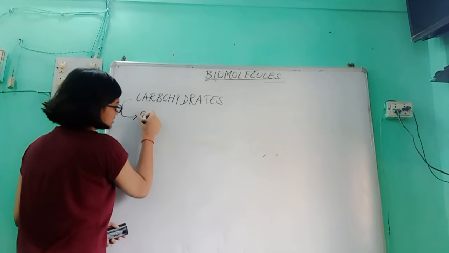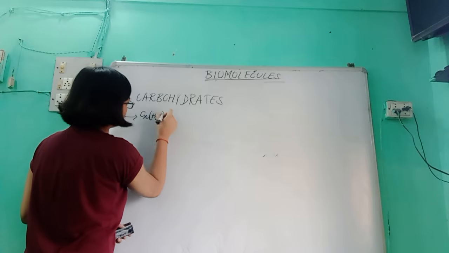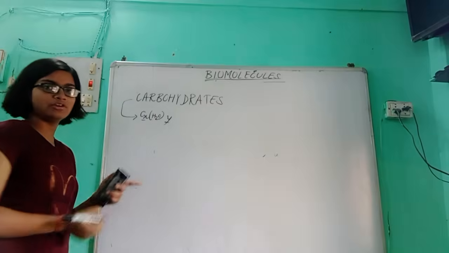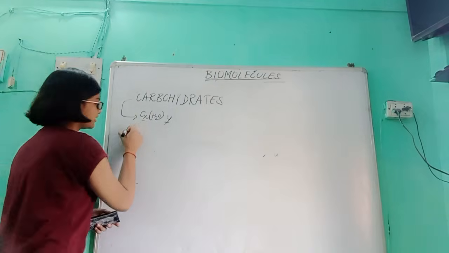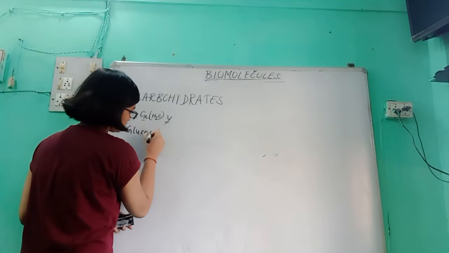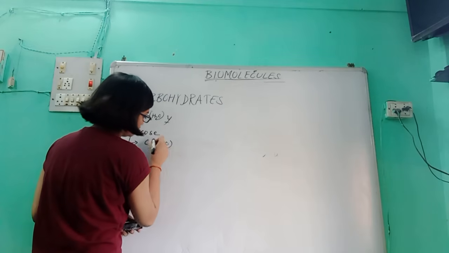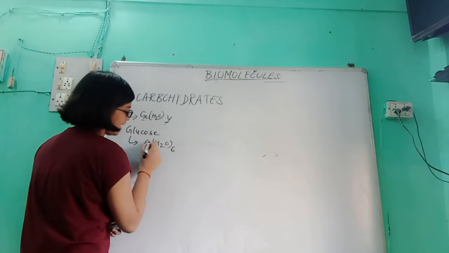That is CxH2O whole power Y. Now here the value of X and Y is not always the same. Like if we see the case of glucose, it is C6H2O whole power 6. Here the value of X and Y is the same.